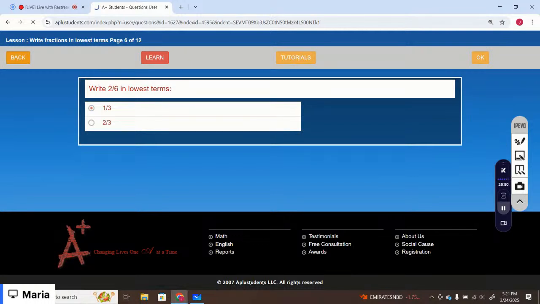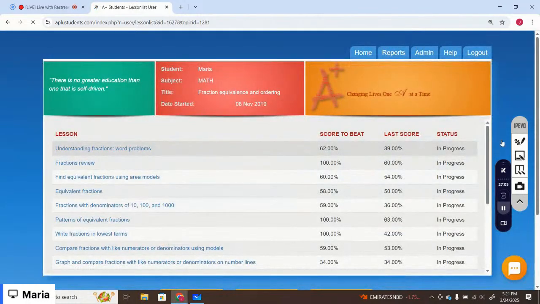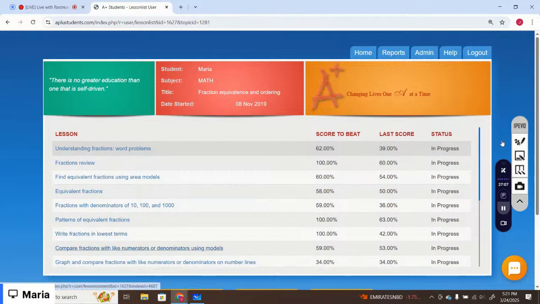Okay, you can complete the lesson by yourself later today. Let me just move on to the next lesson. The next lesson is compare fractions with like numerators and denominators using models.